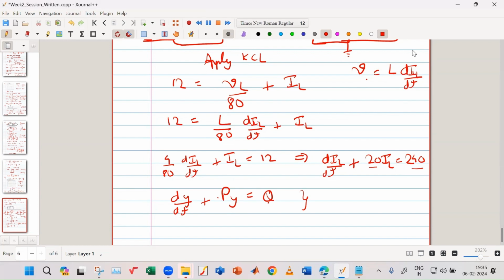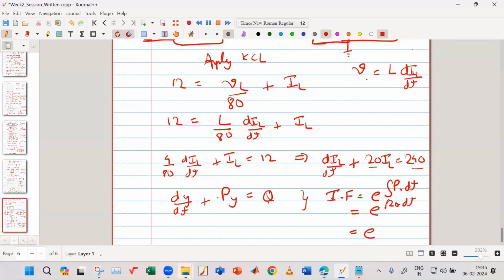Okay. So what is your integrating factor? Your integrating factor is equal to e raised to integration of p into dt. So what is your p here? P is 20. Yes, so it will be e raised to integration of 20 into dt.